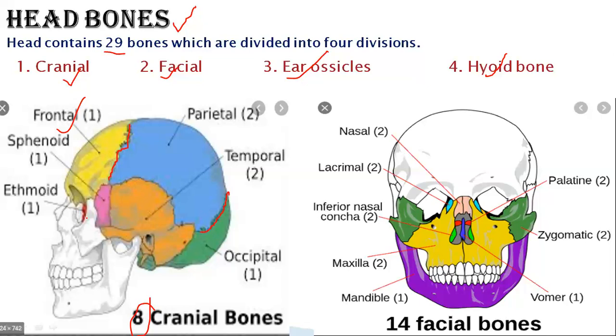The ethmoid bone is also present in the inner part, like your ear portion. Then we have the parietal bones. They are 2, left and right. Then the temporal bones, also left and right.